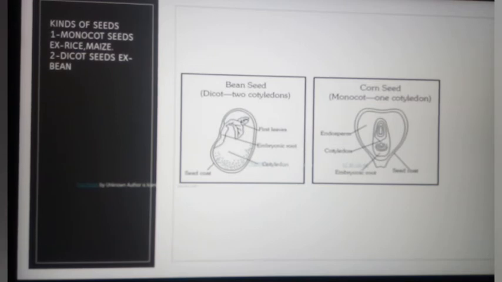So a dicot seed contains two cotyledons, and on the other side, a monocot seed has only one cotyledon. There are many examples of dicot and monocot seeds, I have given a few to you.